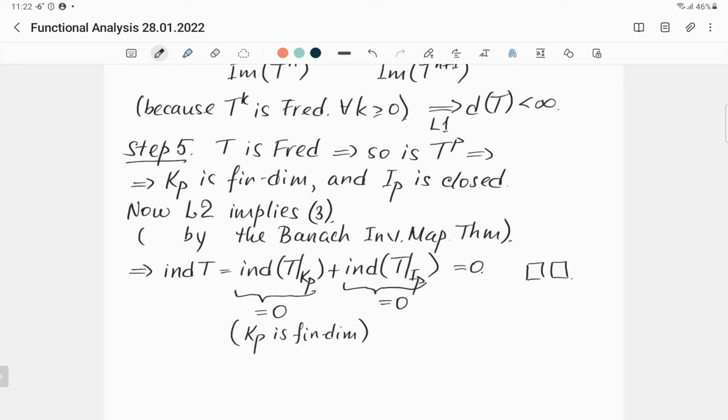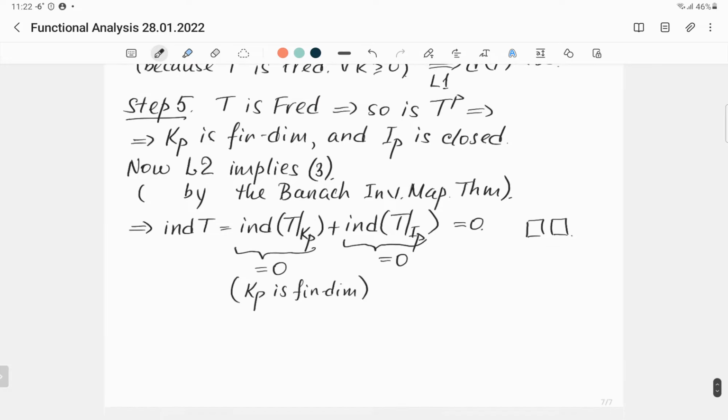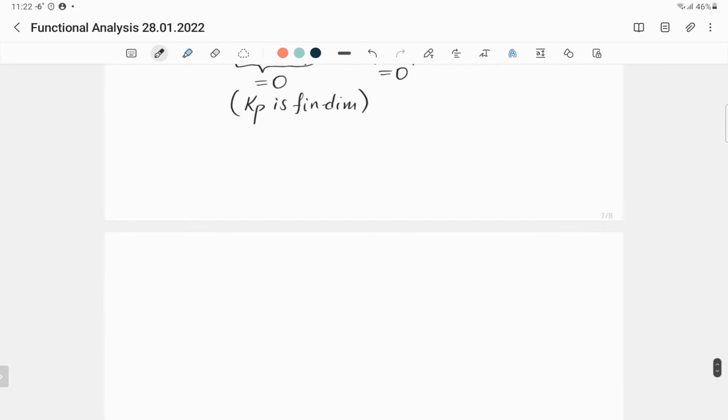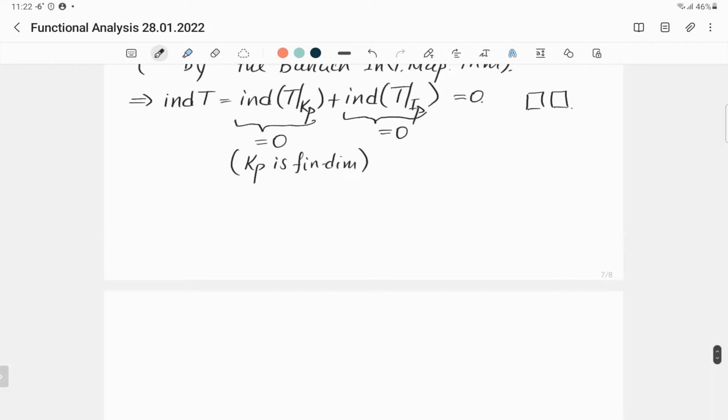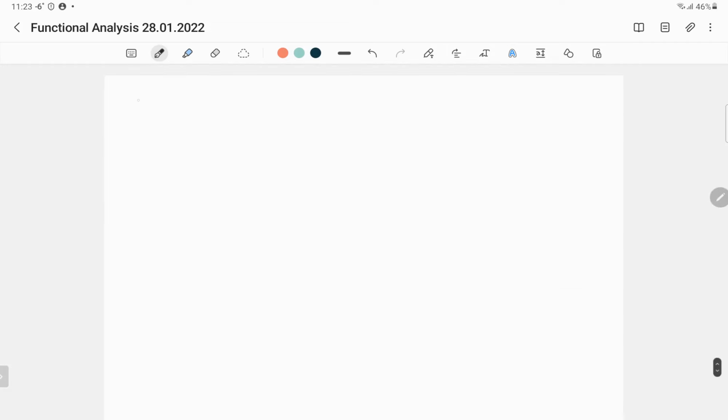Well, in conclusion, let's look at some corollaries of this result. Corollary 1 is the abstract Fredholm alternative.